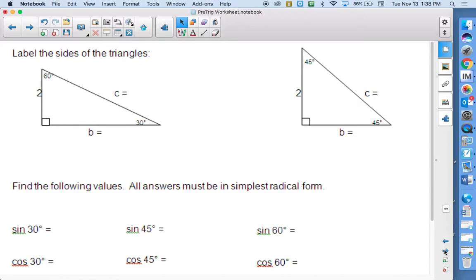So we have these two triangles. It says label the sides of the triangles, and then we're going to use the triangles to answer the questions at the bottom. And yours are all lined up vertically. So we're going to see if we can use these triangles to answer the questions underneath. So again, here's the side of 30. So the 60 is a square root of 3. The hypotenuse is 2a.